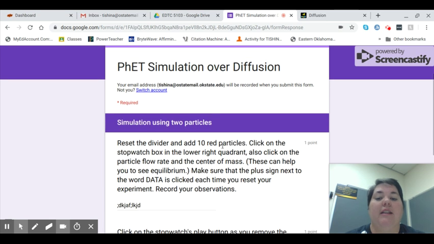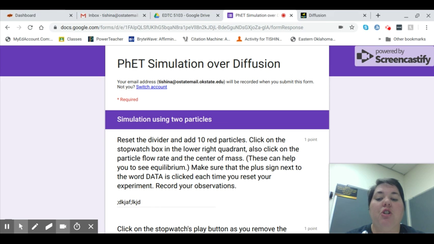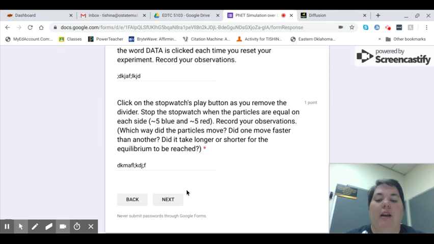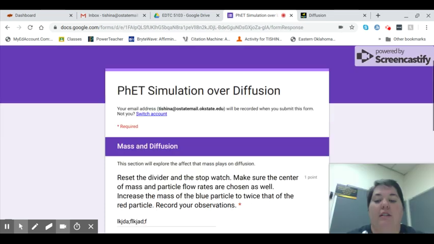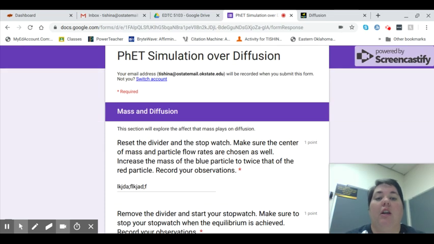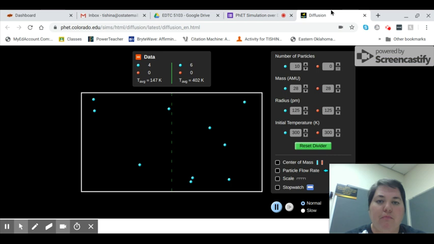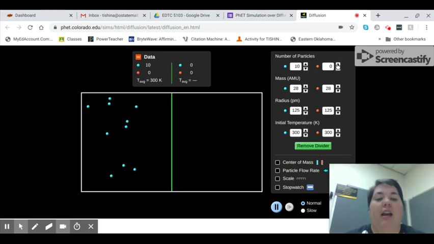It tells them how to reset the divider, what next steps to take, what information to record. And I just put in basic gibberish answers so that we could move through this Google Doc together. So they have to do not only one particle, but then they reset the divider and do two separate particles.